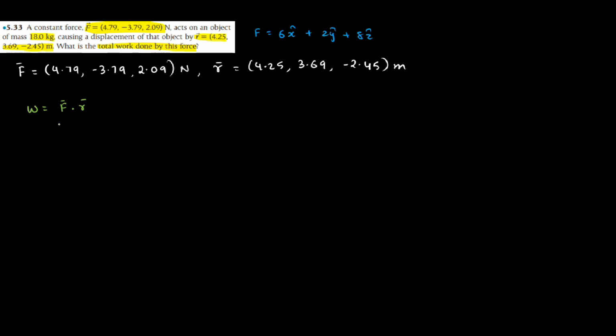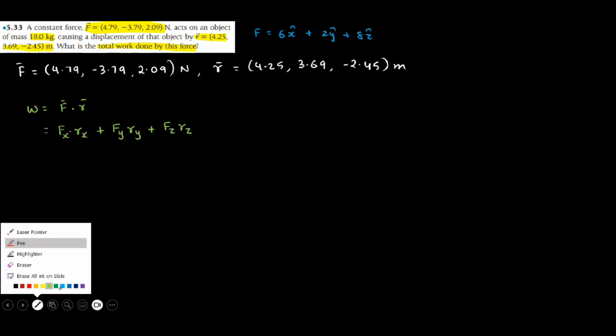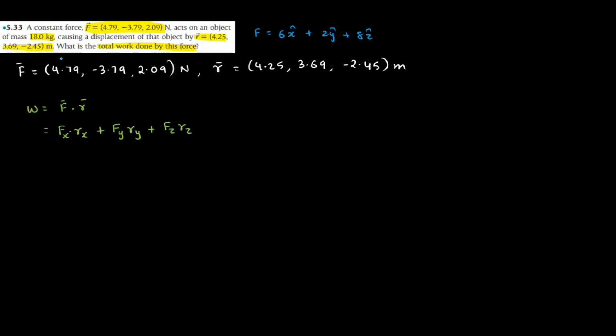How do you calculate the dot product? You multiply the x values together, Fx times Rx, plus the product of y values, Fy times Ry, plus the product of the z values, Fz times Rz. In my given quantities, the first term is my x coordinate, second is y, third is z. Same with R. So we substitute here.